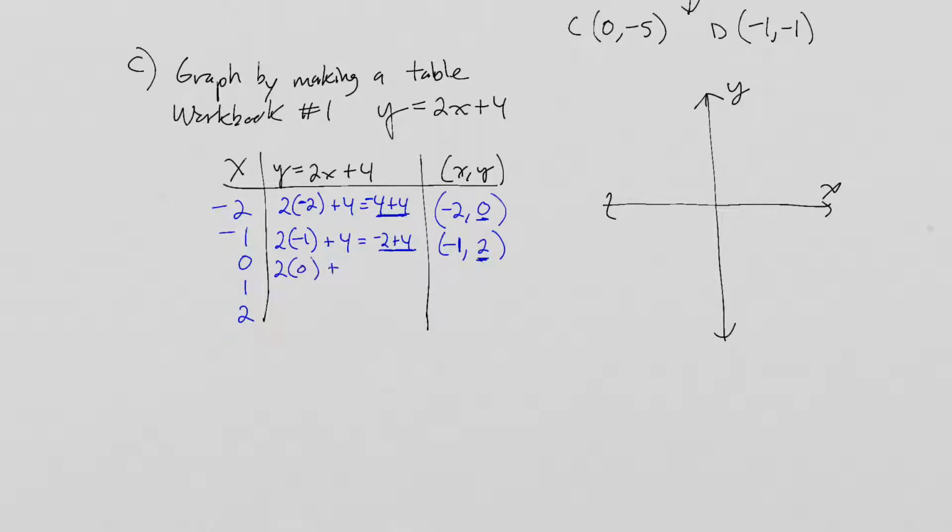Put in the 0, and 0 plus 4 is going to be 0 for x and 4 for y. And then positive 1, it's going to be 2 plus 4, which is 6. And then put the 2 in there, and we have 4 plus 4, which is 8.